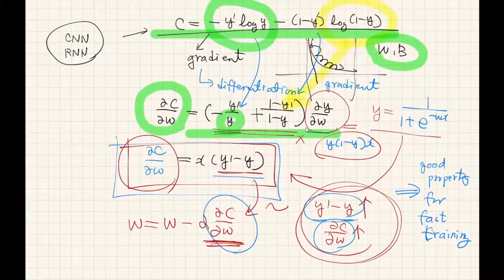If training speed is fast, you will have less training time. Surprisingly, if we choose the cross entropy cost function, we found that your gradient and training speed are proportional to the difference between your target value and y. If you choose mean square error, that is not the case. That is the big advantage of the cross entropy cost function.